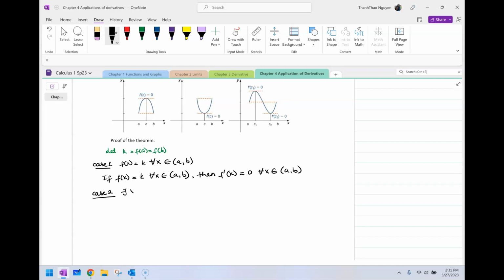In case 2, there exists an x in the interval (a,b) such that f(x) is greater than k.